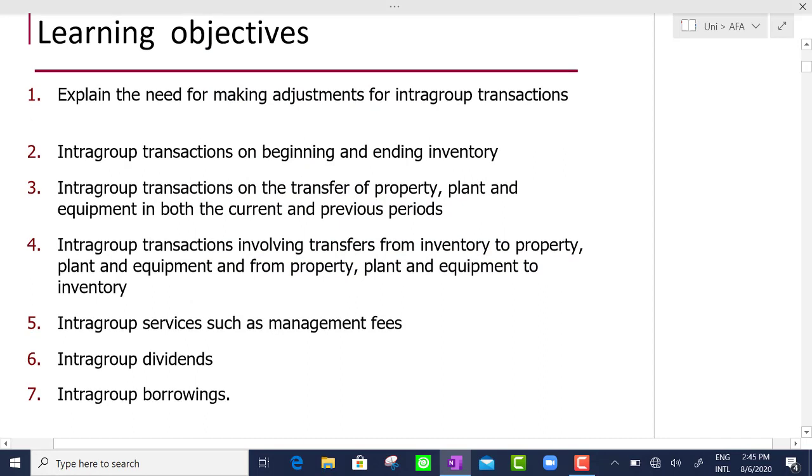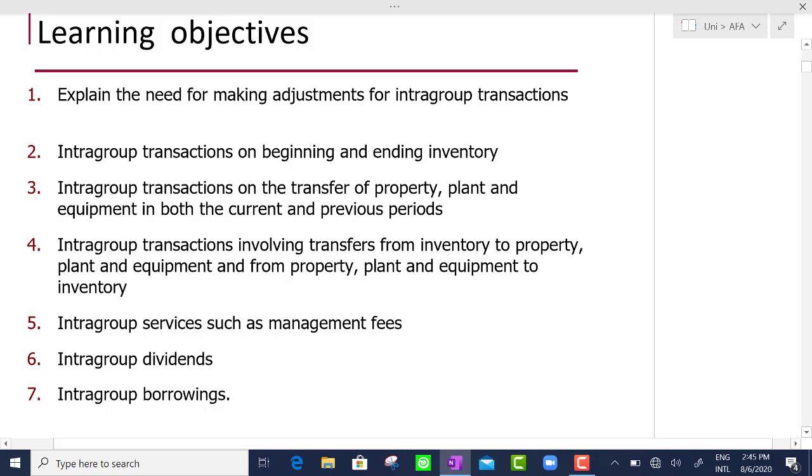First one, we should know why we need to make adjustments for intergroup transactions, right? And we will be discussing how to adjust the beginning and ending inventory arising from intergroup transactions, intergroup sales.